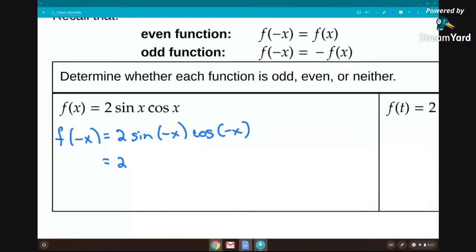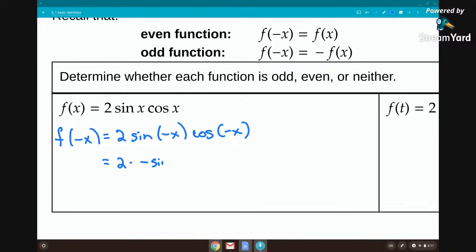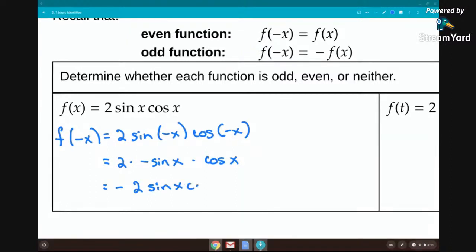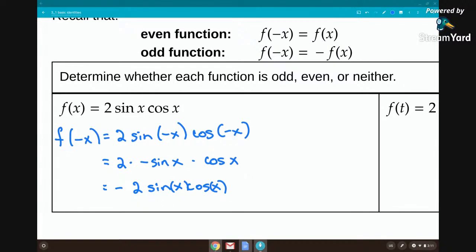So this would become negative sine x, and cosine's an even function, so that just turns to cosine x, and this makes negative 2 sine x cosine x, which is the opposite of f of x. If you threw a negative sign here, you would put a negative sign there, and that's exactly what we're looking at. So therefore, f of x is odd.